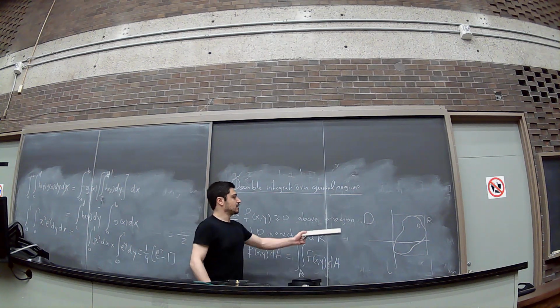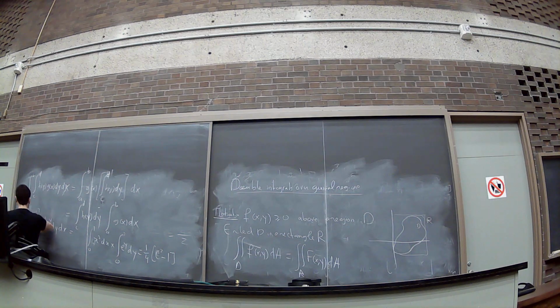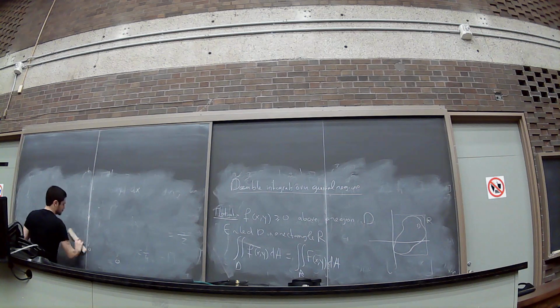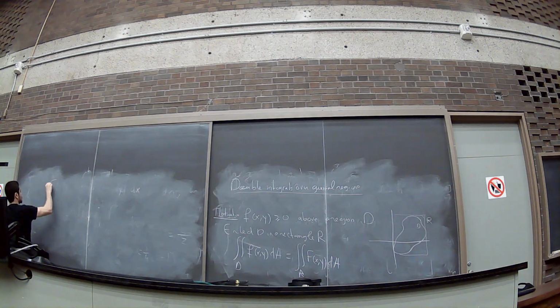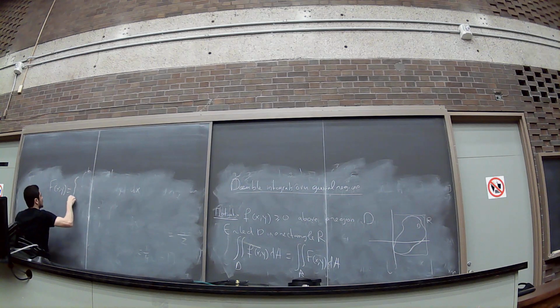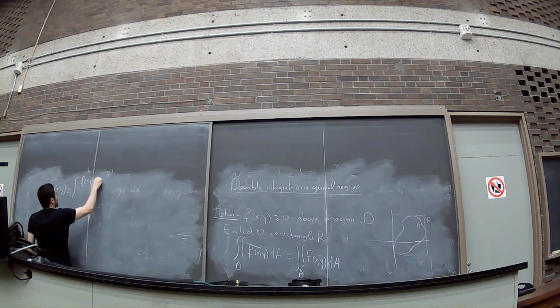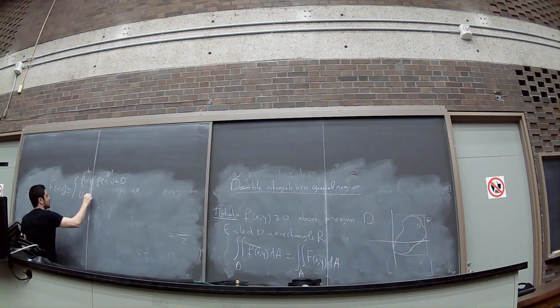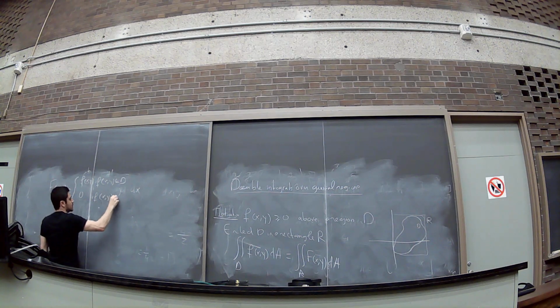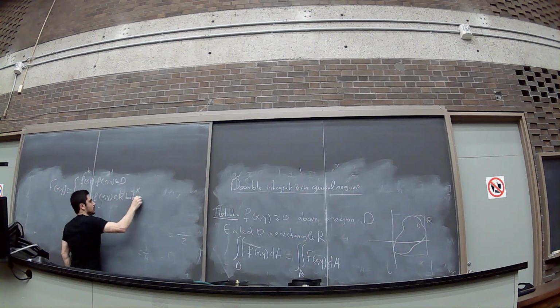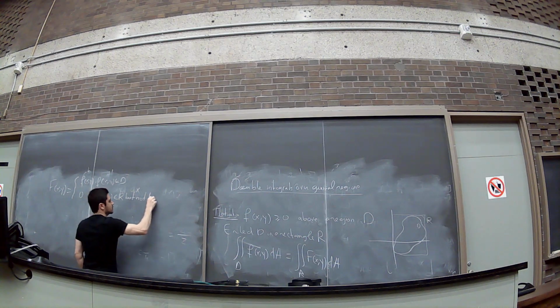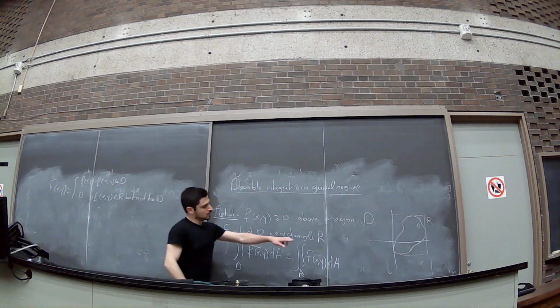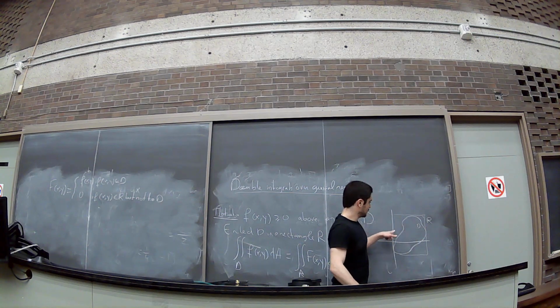You embed D in a rectangle R, and you define big F to be equal to f of x, y if x, y belongs to D, and to be equal to 0 if x, y belongs to R but not to D. So you have a function that you define everywhere, but it's equal to 0 outside D, and is equal to f inside D.